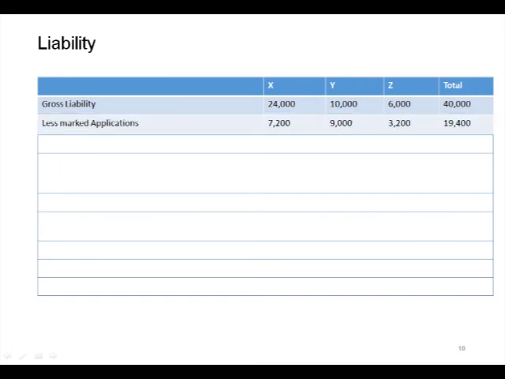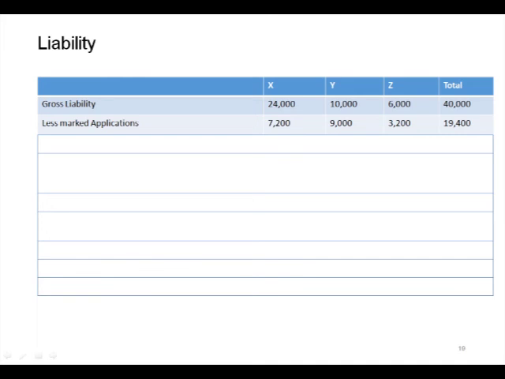Now we shall discuss the liability of XYZ Limited in the case of unmarked applications. Their gross liability is 24,000 in case of X. In case of Y this is 10,000. In case of Z this is 6,000. Total is 40,000.